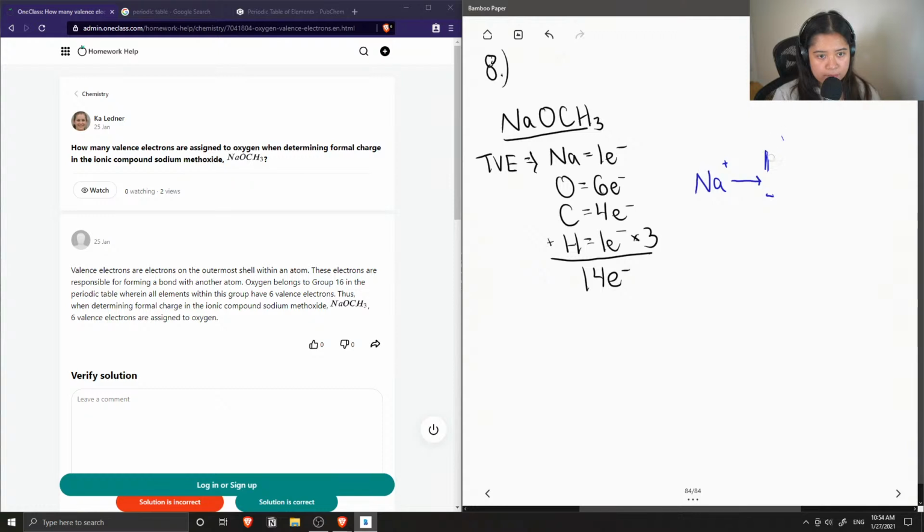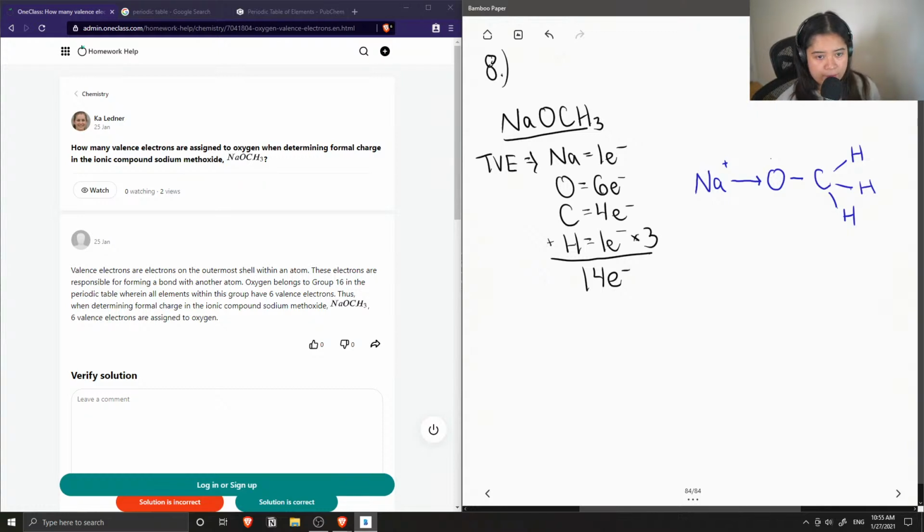Oops. Just won't draw it in brackets. Bonded to the carbon with 3 hydrogens. And now let's count out how many electrons I've drawn so far.